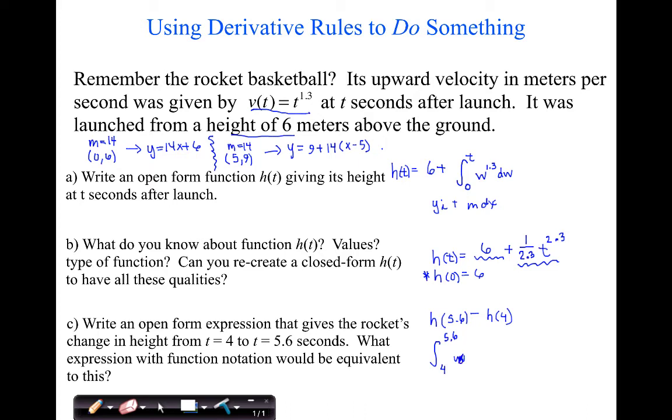I could use t if I wanted to. Oops, sorry, didn't click on my eraser properly. But I'll just use w. I just won't use a triple u. The integral of w to the 1.3 dw. This would express the rocket's changed height between time 4 and time 5.6 seconds after launch.